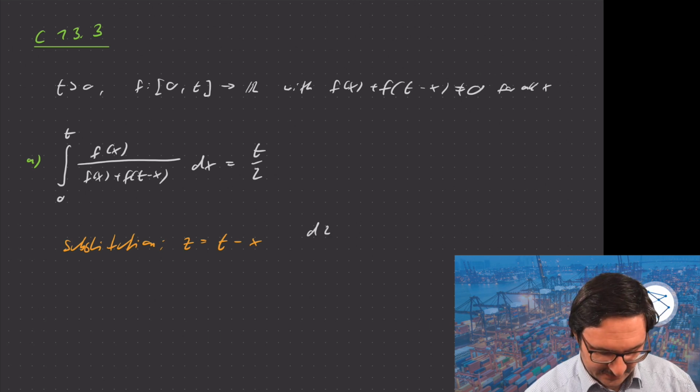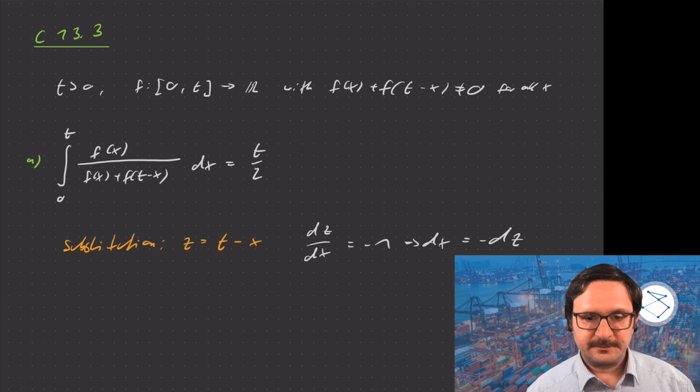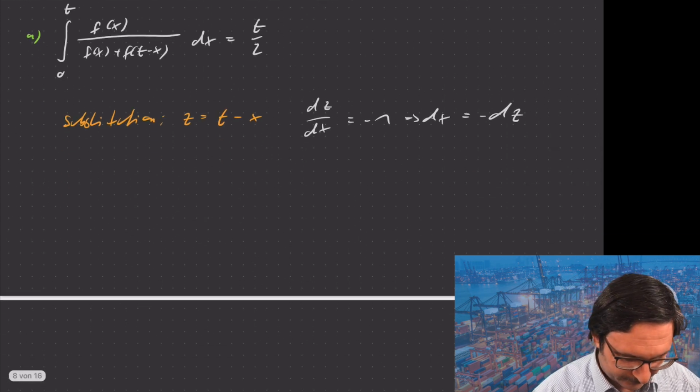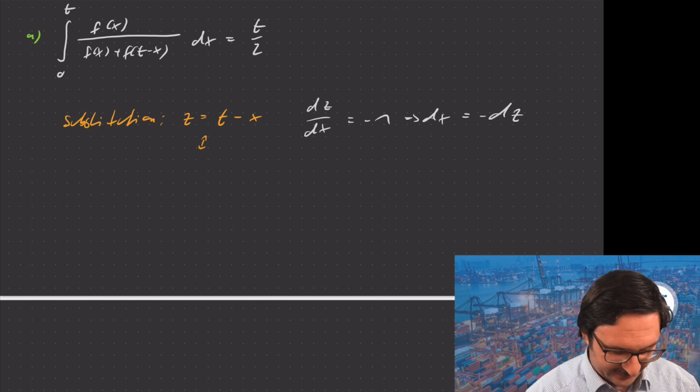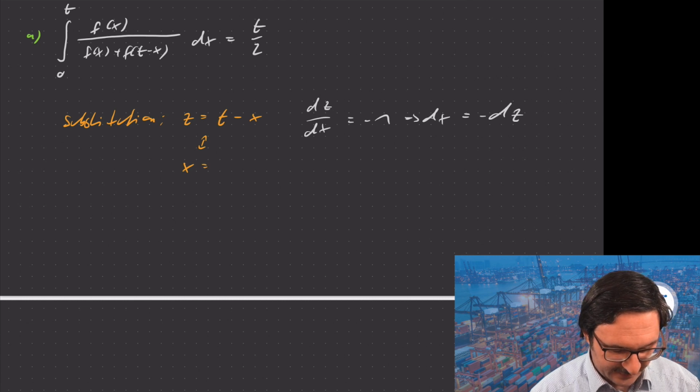So then dz over dx is minus 1, and that means dx is minus dz. Also, we can easily solve that substitution for x. And that is, x is then simply t minus z.